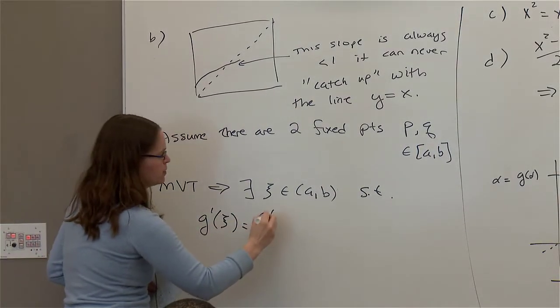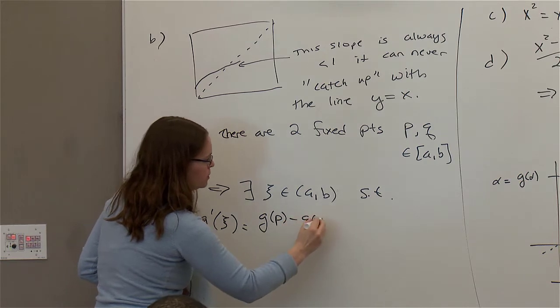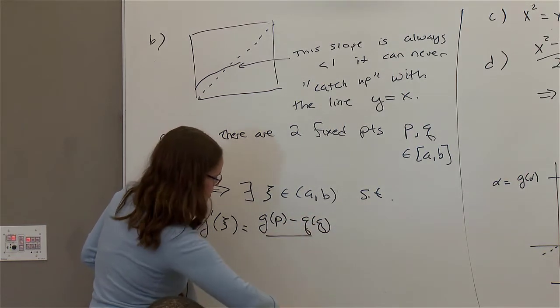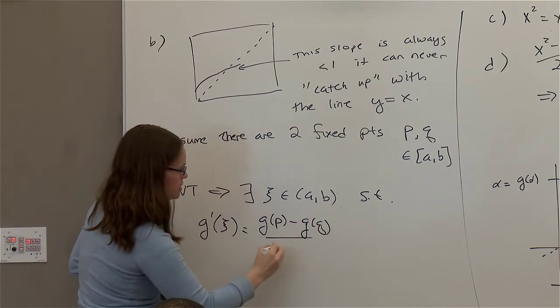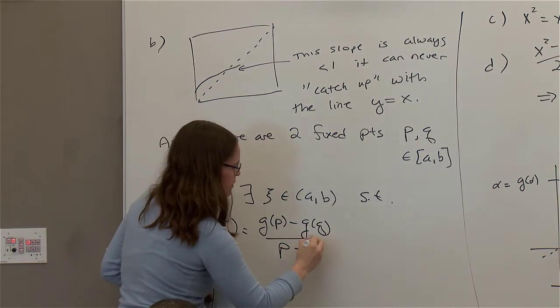All right, so g of P minus g of Q, over P minus Q.